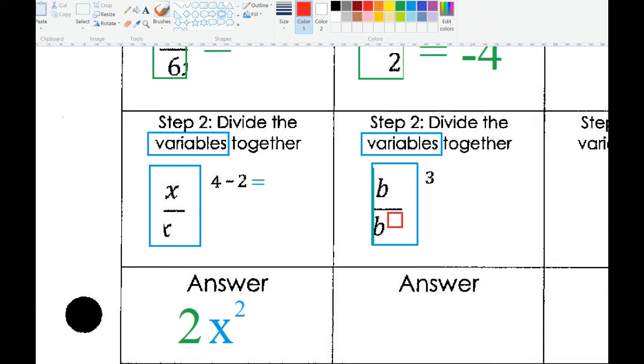Usually when we circle our exponent, if there's nothing there, that blank space represents a 1.